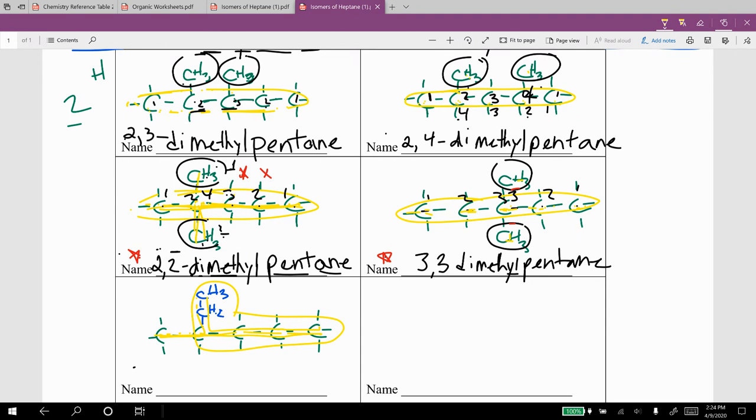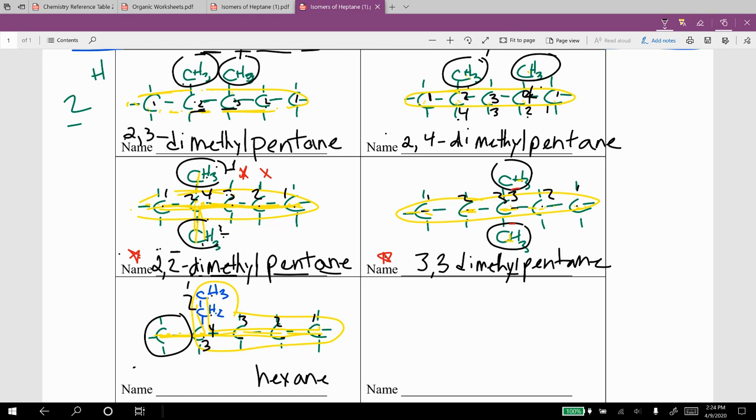Let's give this a name and let's see what we get. So I have 1, 2, 3, 4, 5, 6. Right, so that's hexane. And then this would be my branch. And my branch comes off of carbon number 1, 2, 3.